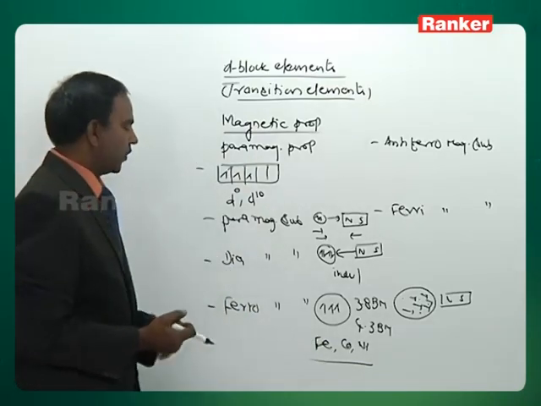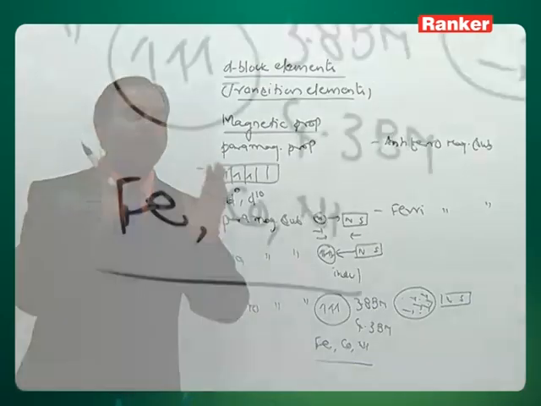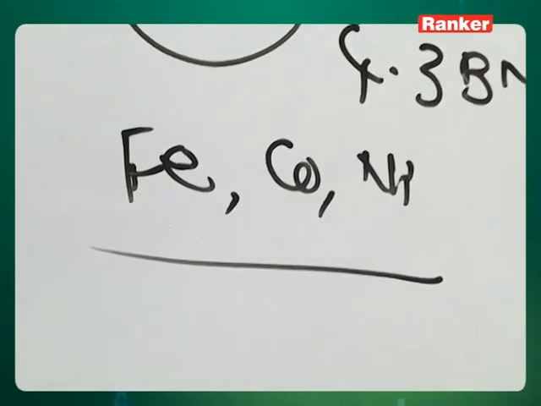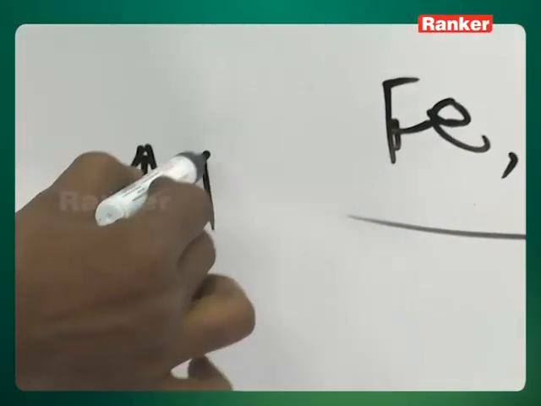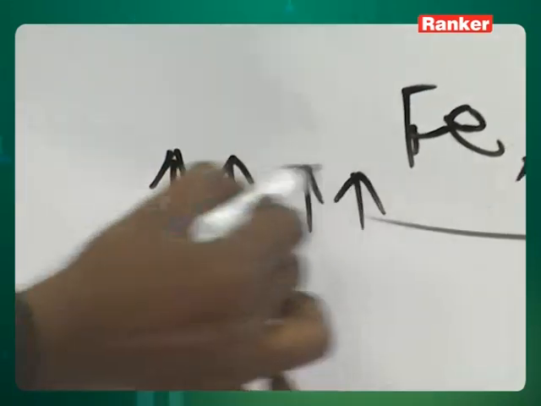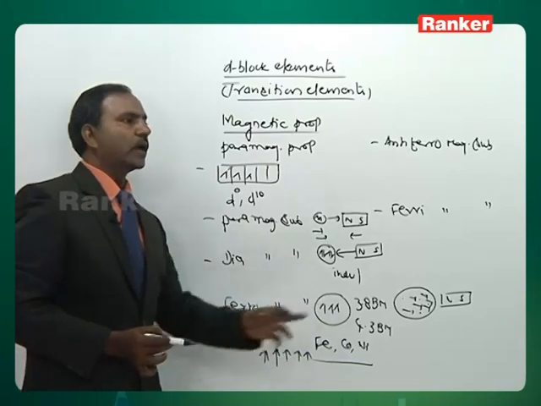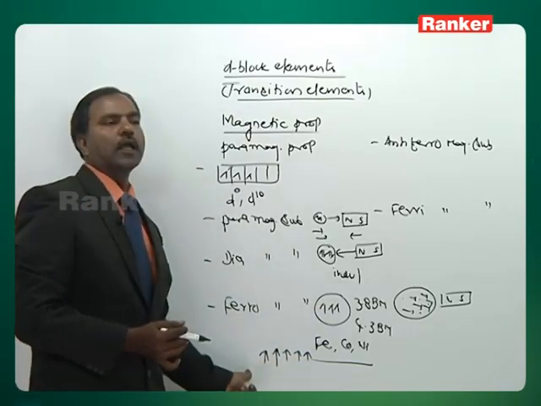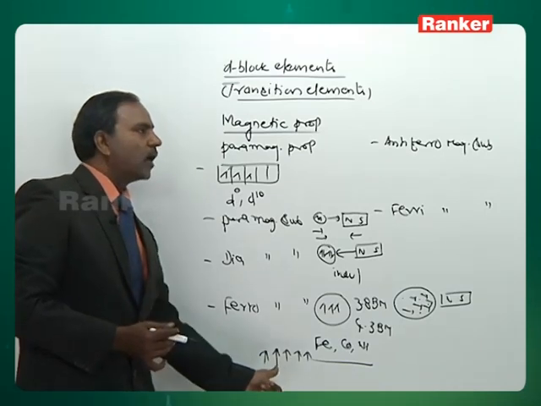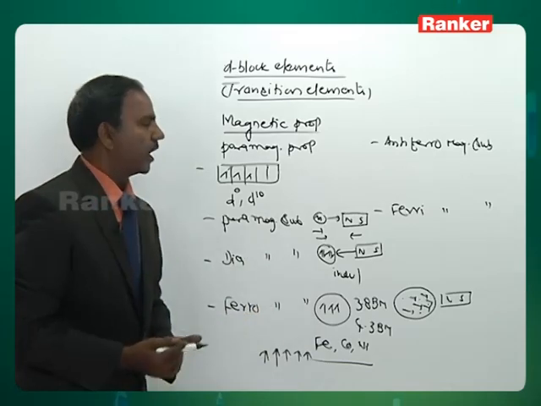In these ferromagnetic substances, the magnetic vectors are working in this way. All are working in the same direction in the field of the magnet. We can show this ferromagnetic substance like this: the vectors of paramagnetic lines are working in the same direction.